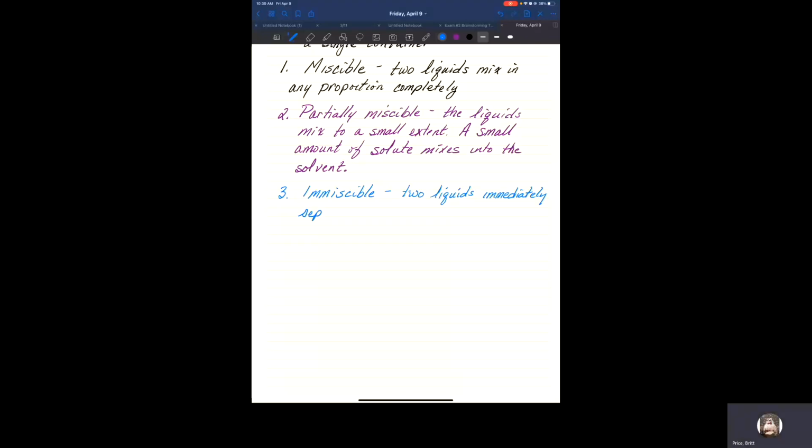So the two liquids immediately separate into separate layers. Essentially, no mixing occurs.